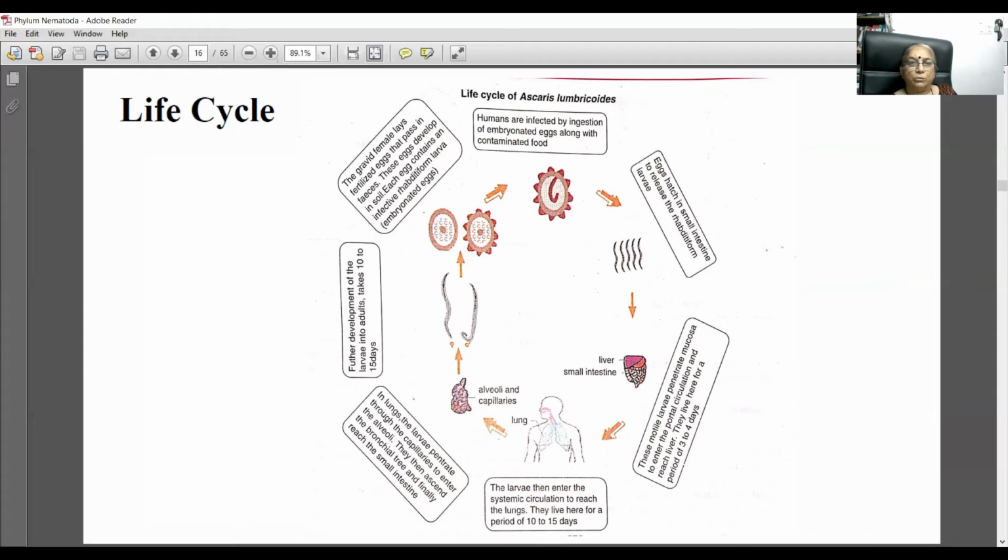Then they come into the portal circulation, systemic circulation, reaching the lungs. From the lungs, they come to the trachea, epiglottis, coming back to the esophagus, stomach, and intestine, and after molting the fourth time in the intestine, the adult worms are released, and these adult worms are mating.